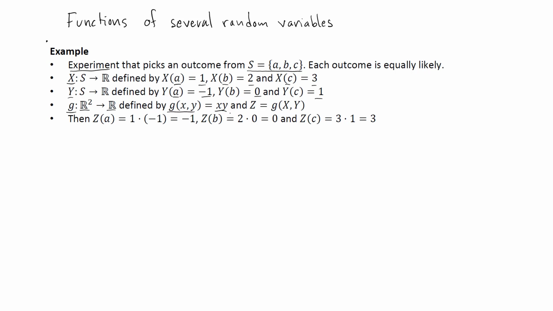So based on two random variables and a function from R2 to R, I can define a new third random variable. I'm going to call that Z, and it's going to be G of X and Y. So what random variable is Z? To figure that out, we simply go through all possible outcomes. Beginning with A, X will map that to 1 and Y will map it to -1.